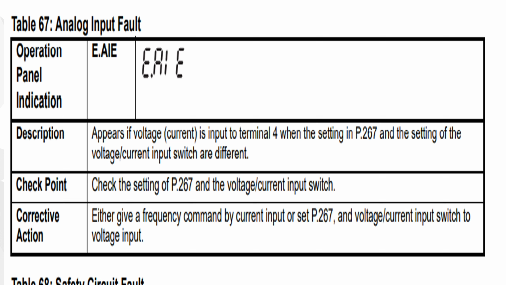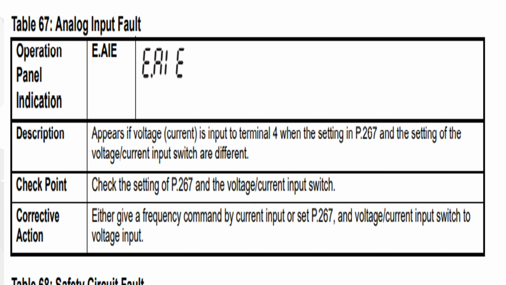So if the selected setting is voltage but we are giving current, or the selected setting is current but we are giving voltage, in this case only this kind of error occurs.